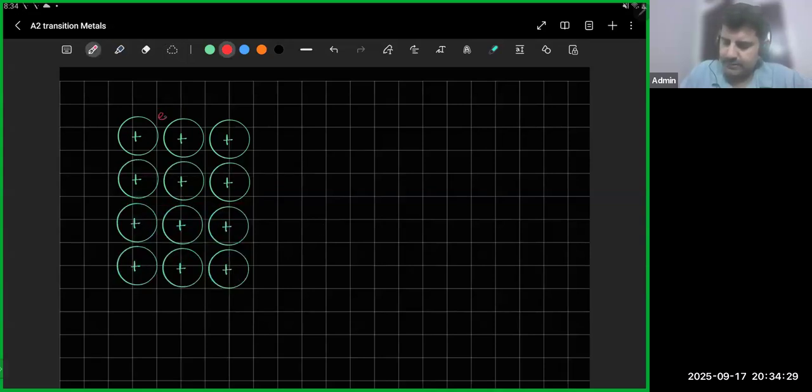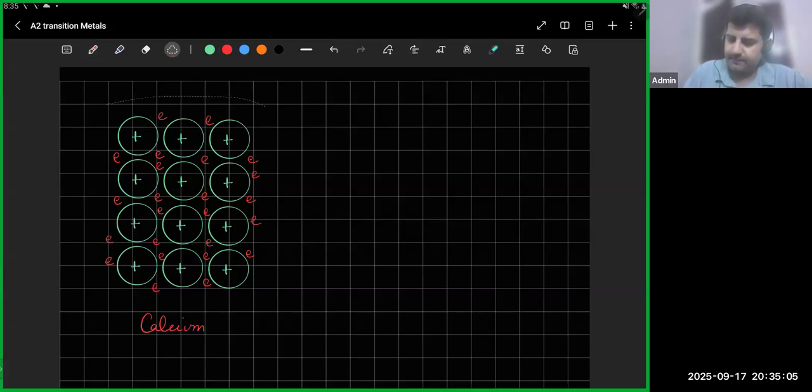So each one would just lose two electrons, two electrons lost, two electrons lost, and so on. So that's each atom barely losing two electrons. So that's calcium.